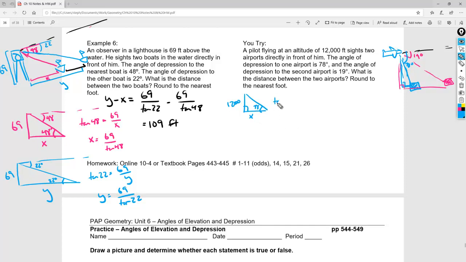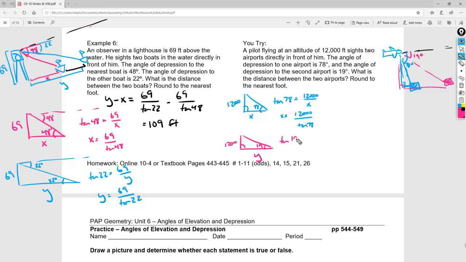So I can set up tangent. Tangent of 78 is going to be 12,000 divided by x, meaning x is 12,000 divided by tangent of 78. And my second triangle, I'm seeking my bottom leg. I know that I'm 12,000 feet above the ground, and I know my angle of elevation from the airport is 19 degrees.